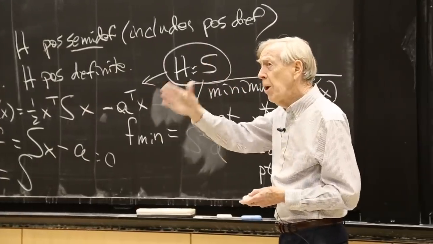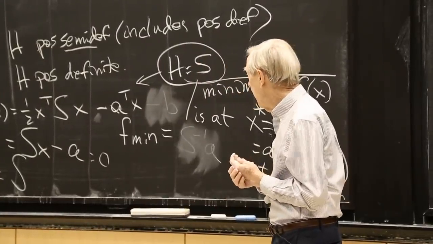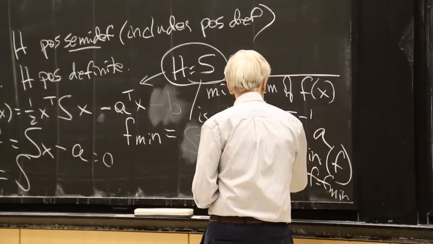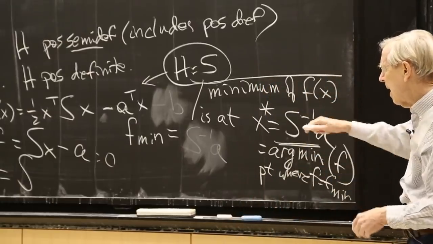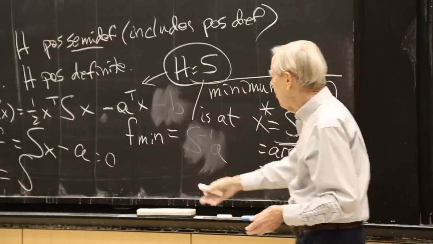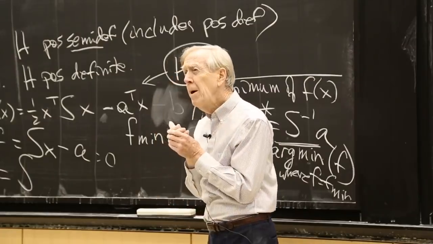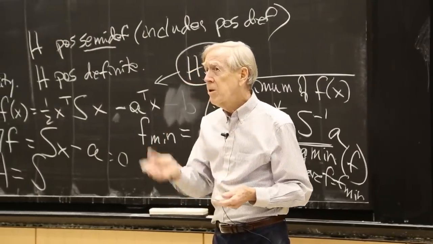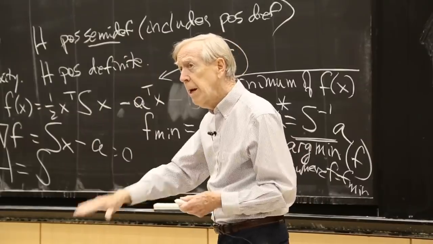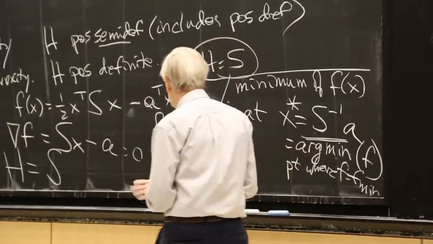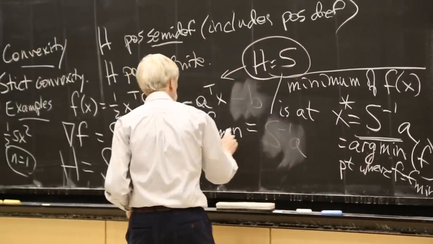But it's still on its way down, so to speak. It's on its way down to this point, S inverse A. That's where it bottoms out. And when it bottoms out, what do you get for f? One thing I know, it's going to be negative, because it passed through 0 and was on its way below 0. So let's just figure out what that f min is.